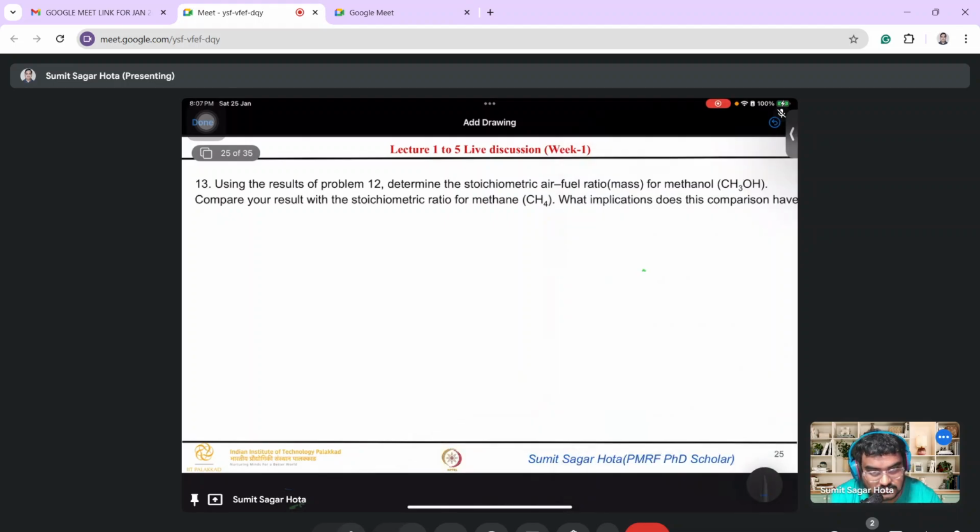Okay, let's go to the next one. Using results of problem 12, determine the stoichiometric air fuel ratio of methanol, CH3OH. Compare results with the stoichiometric ratio of methane, CH4. What implication does this comparison have? So let's write down what are the things given.